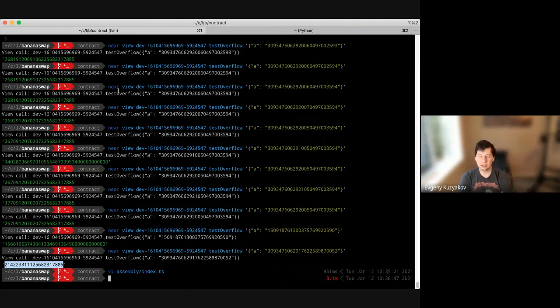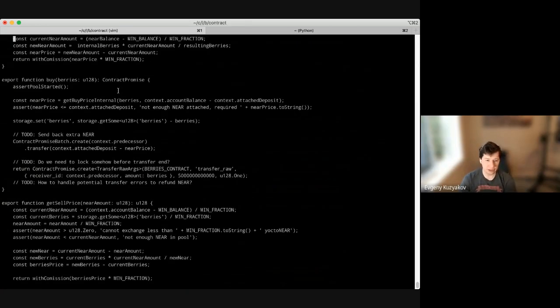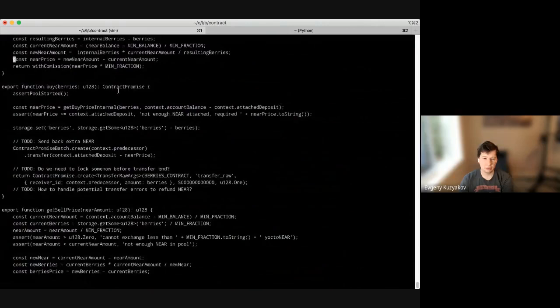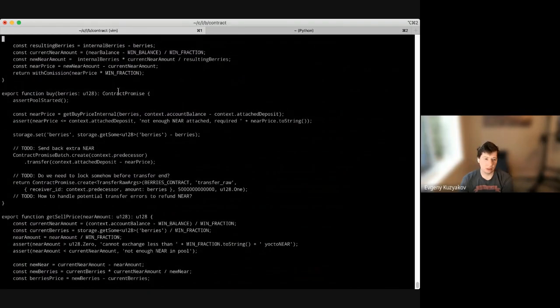So you can do an extra check here where, well, if AssemblyScript would support panic on overflow like Rust does, then you can just enable it.